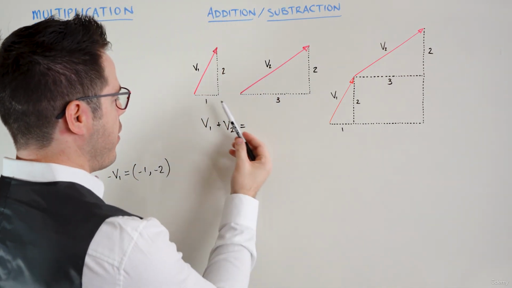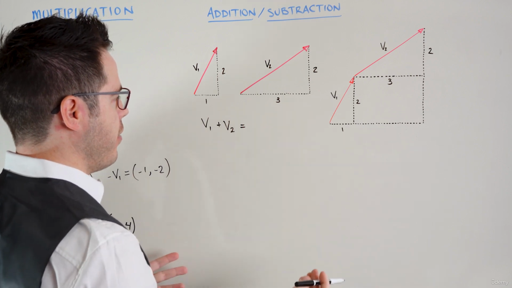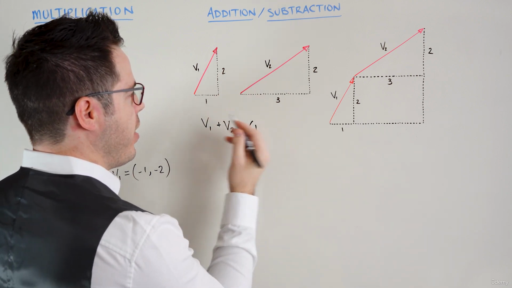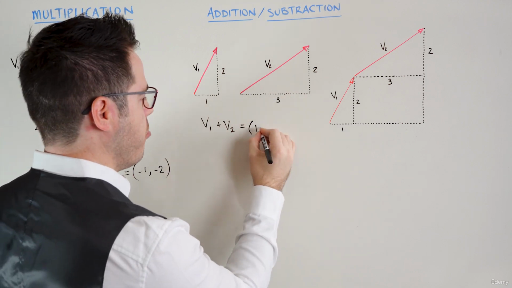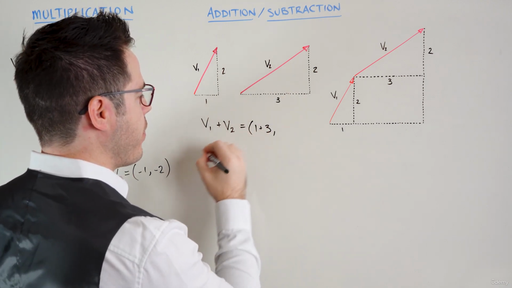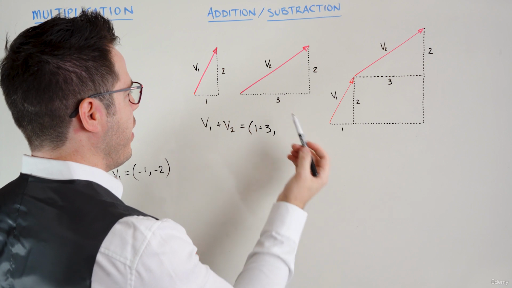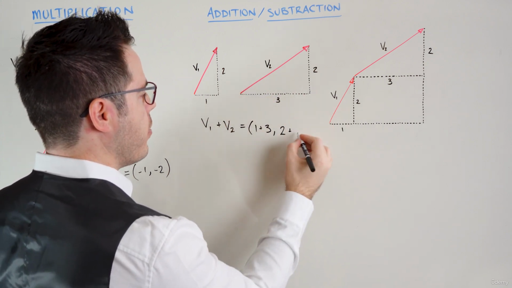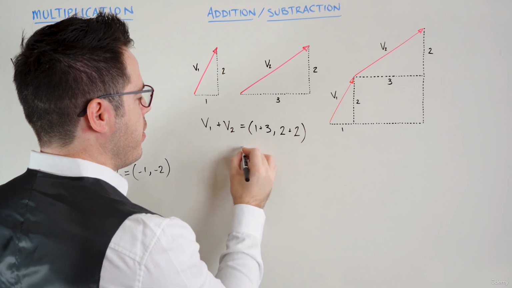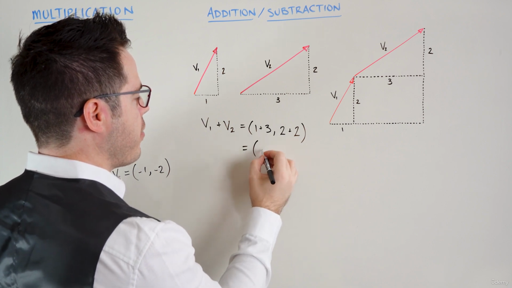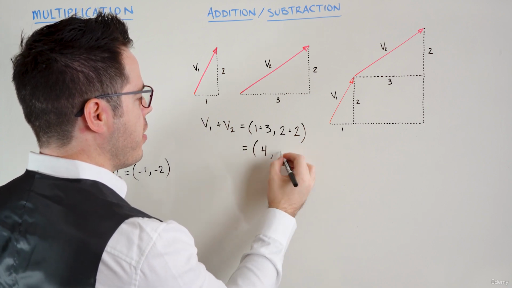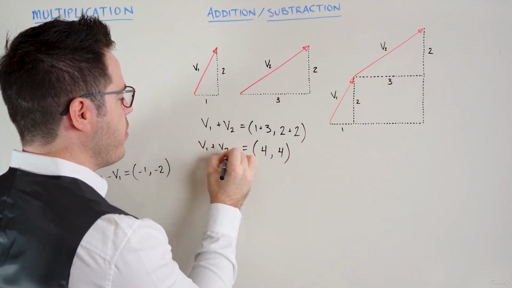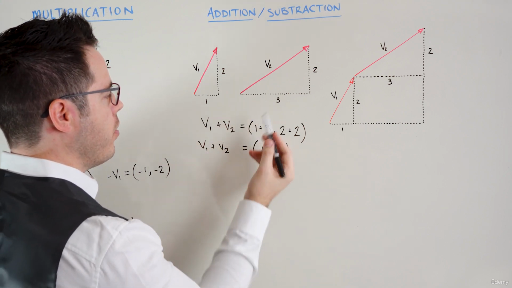All we have to do is take their components and add them together. v1's x component is 1, and we can add v2's x component, which is 3. For the y, we do the same thing. v1's y component is 2, and v2's y component is 2. Simplifying this down, 1 plus 3 is 4, and 2 plus 2 is 4. So v1 plus v2 is the vector 4, 4.